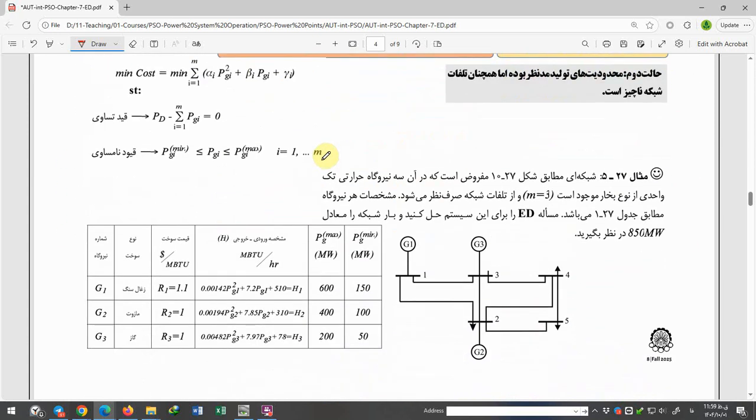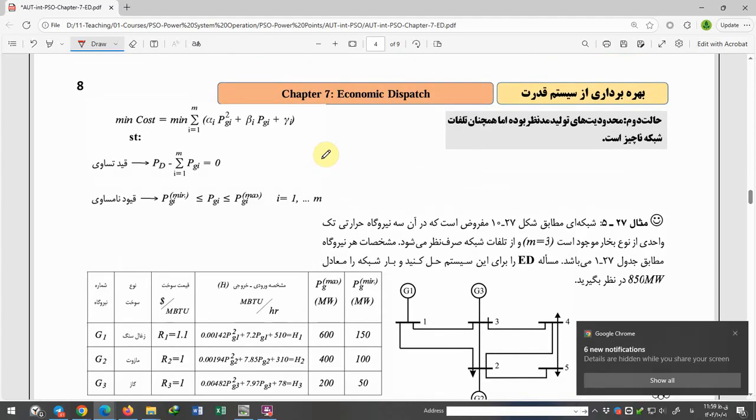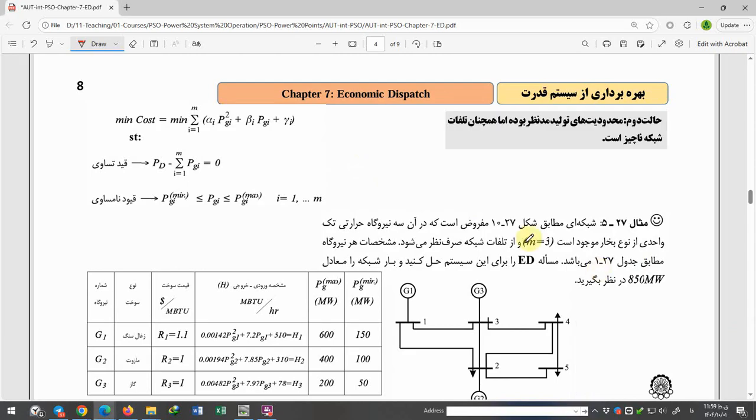Okay, another scenario is where the limitation is considered but the losses are ignored. P loss is 0 but the limitation is active, P max and min.